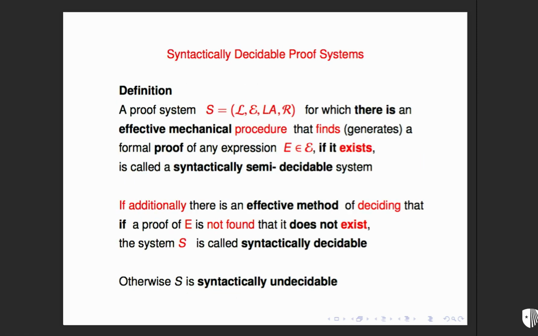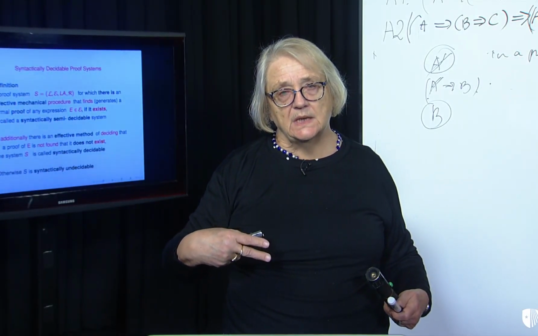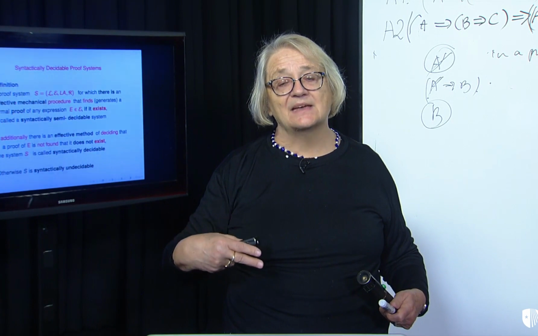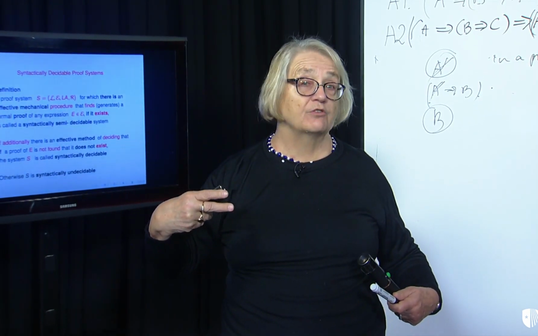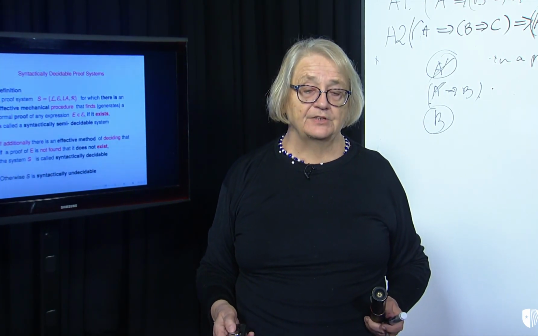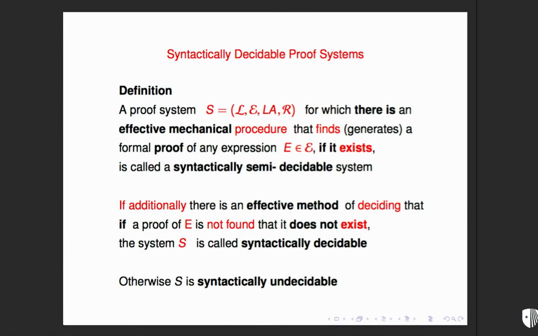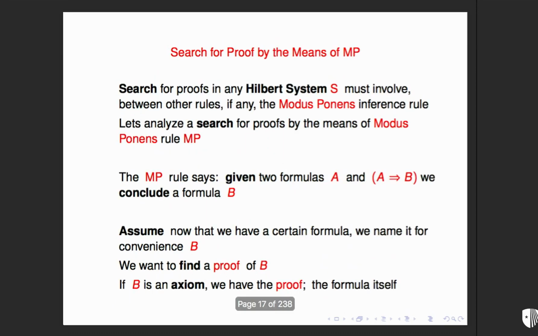And often in my slides, when you read the slides, I bring back the previous definitions to make all lectures self-contained. So I brought back the definition of syntactically decidable and undecidable, so everything is there. I'm not going to repeat it, but Hilbert proof systems, because of modus ponens, are never syntactically decidable.